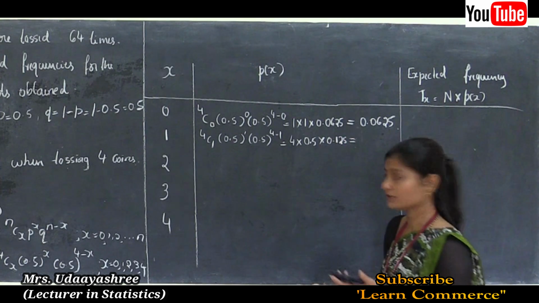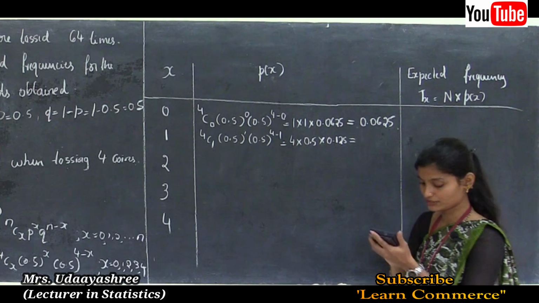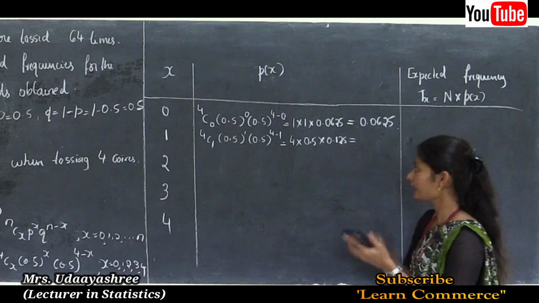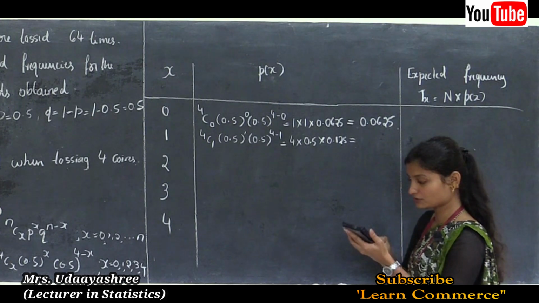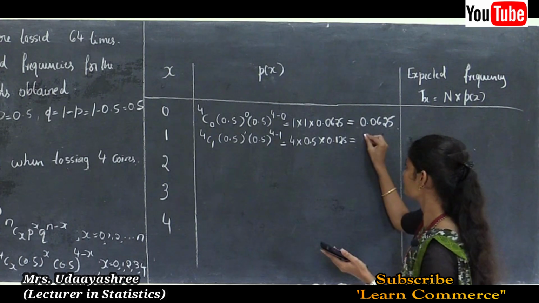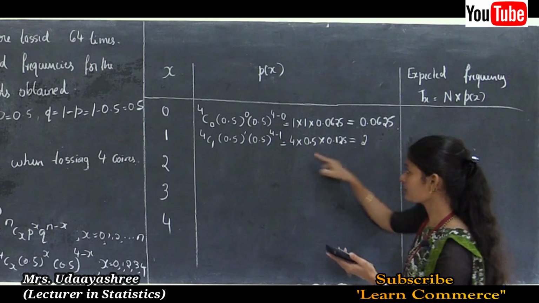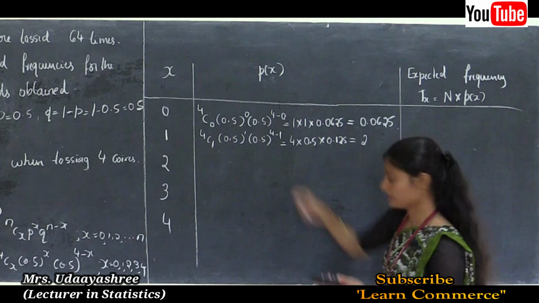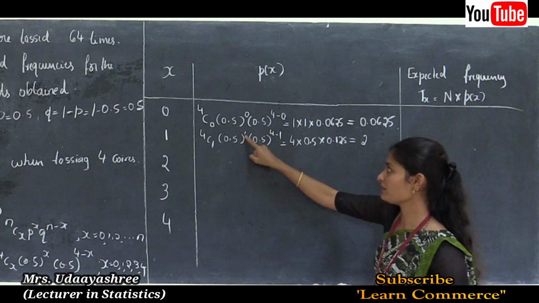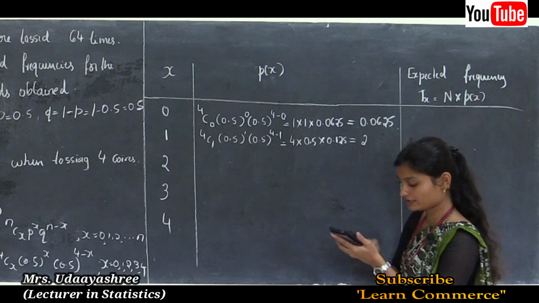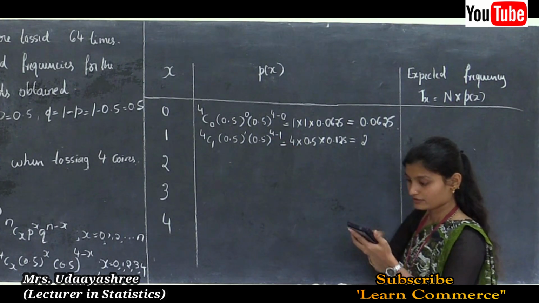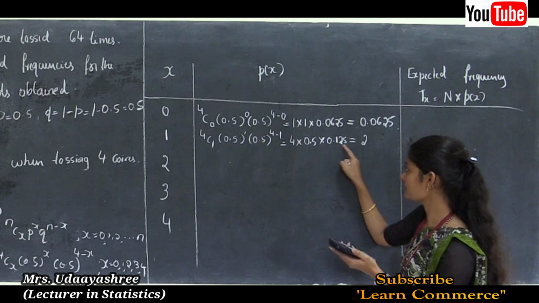This is equal to 4 into 0.5 is 2, into 0.125. Okay, let me check. Here 4C1 is 4, then 0.5 to the power 1 is 0.5, next 0.5 to the power 4 minus 1 is 3. So the answer is 0.125.